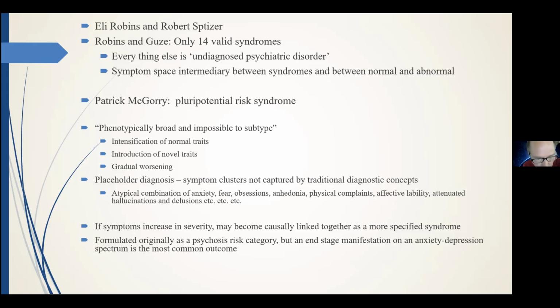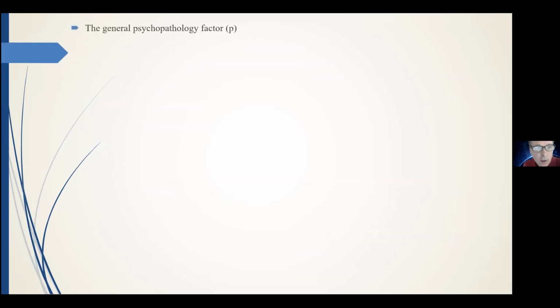But at the same time, people say, look, there's a decline in functioning, so it's a disorder in its own right, but it's non-specific. There's non-specificity to it. Weird combinations of auxiliary symptoms. Okay, so that's spectrum models.